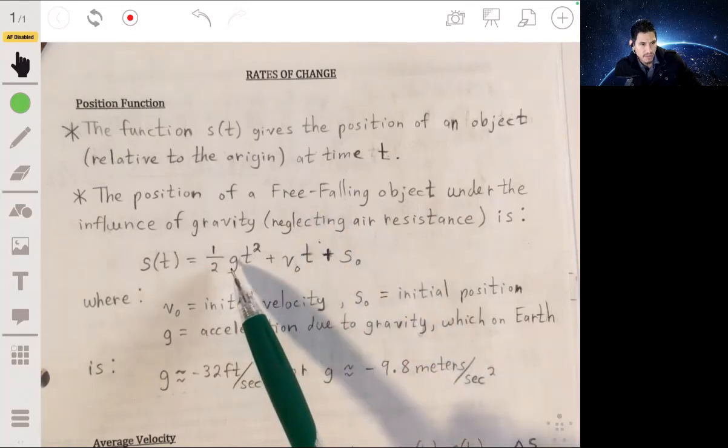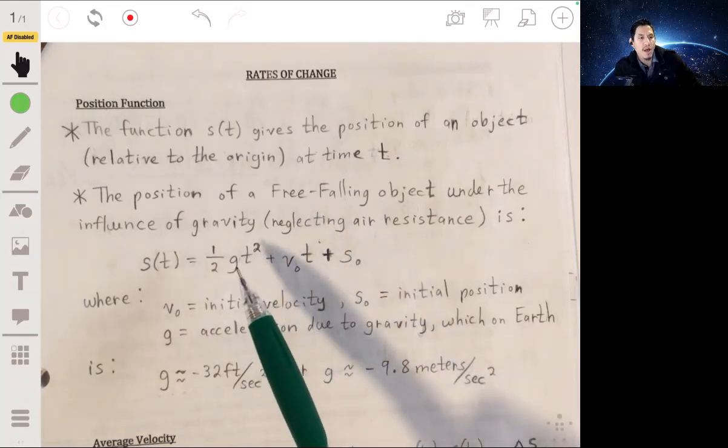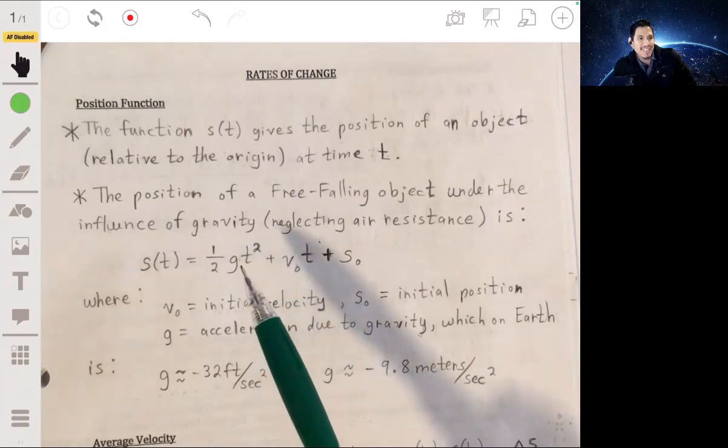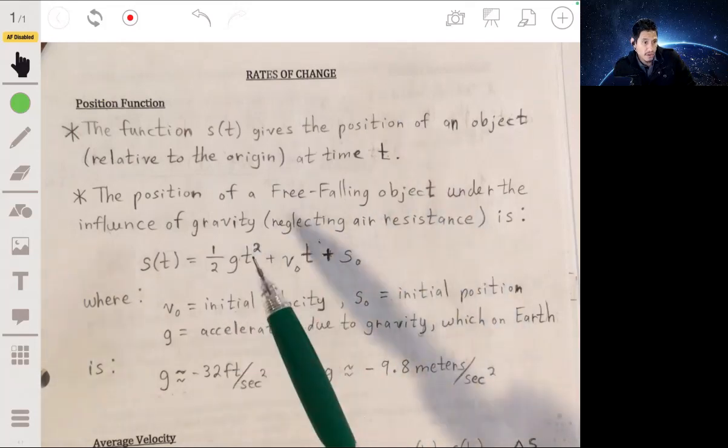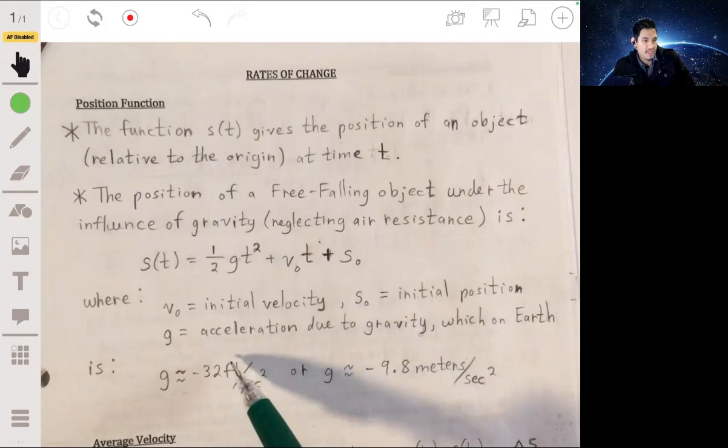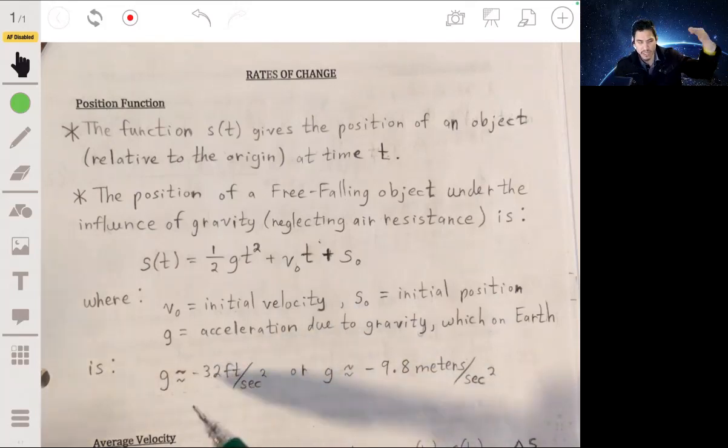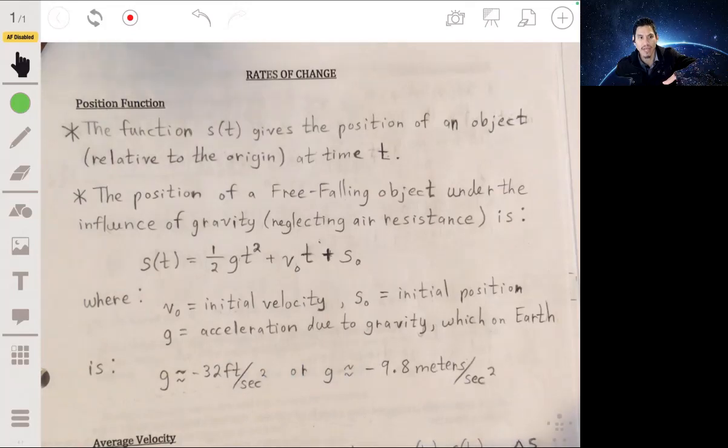Okay, so what does g mean first? Well, g is the acceleration of gravity on Earth, which in feet is about negative 32 feet per second squared. And we say negative because we consider moving downward a negative direction. Or if it's in meters, it's going to be about negative 9.8 meters per second squared.